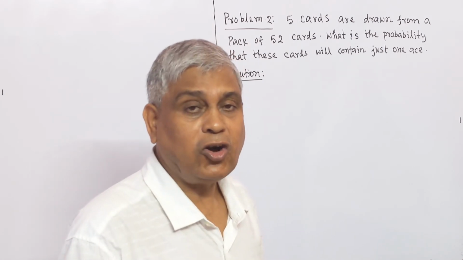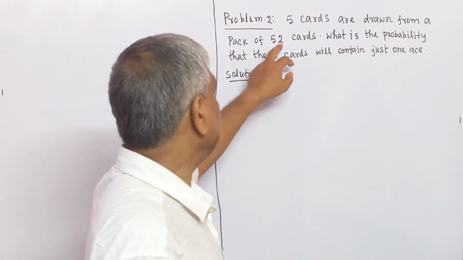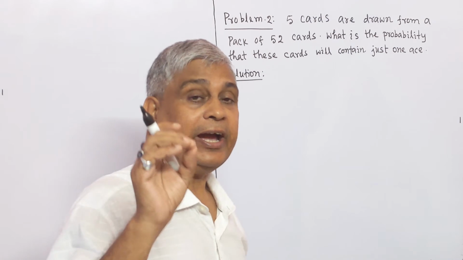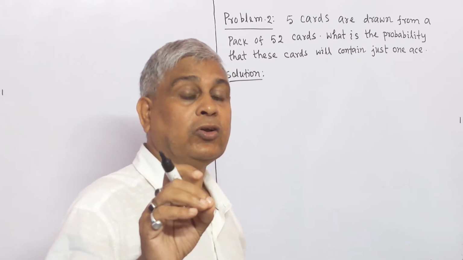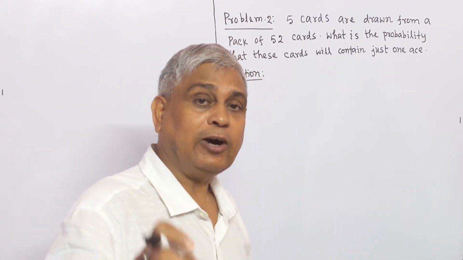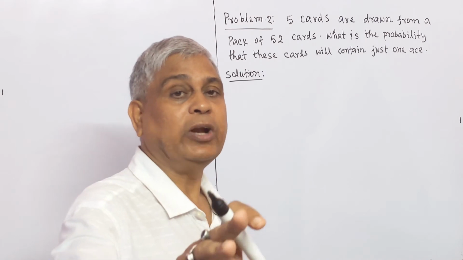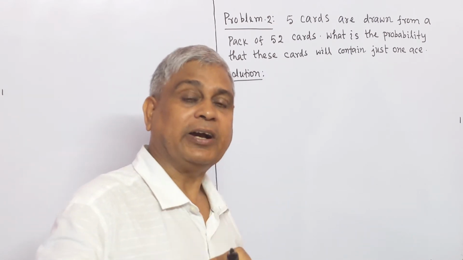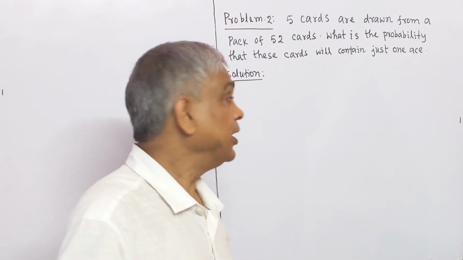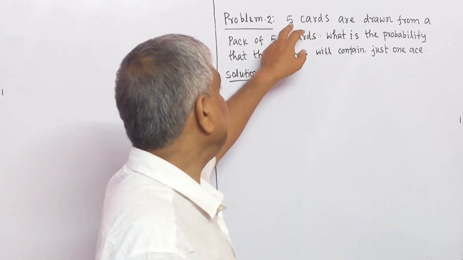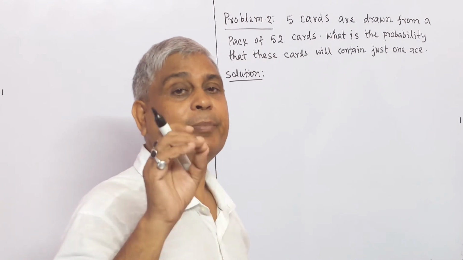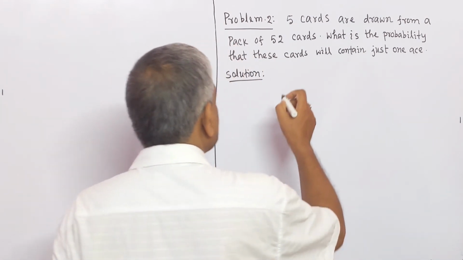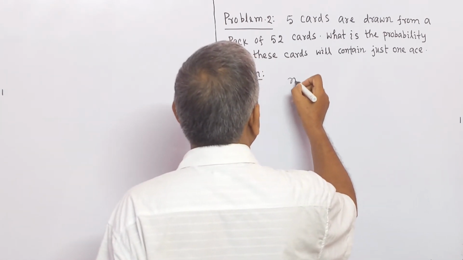Since number of total cards is 52, we have to draw 5 cards out of 52 cards. So number of ways to select 5 cards will be 52C5.